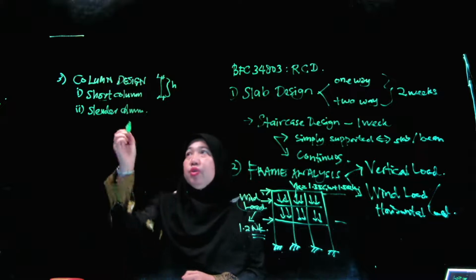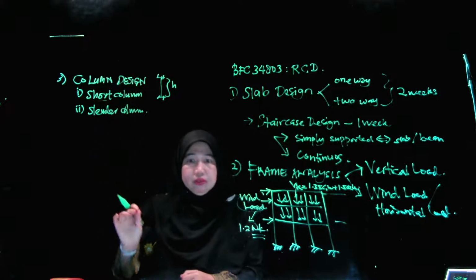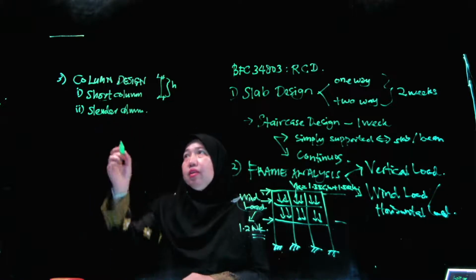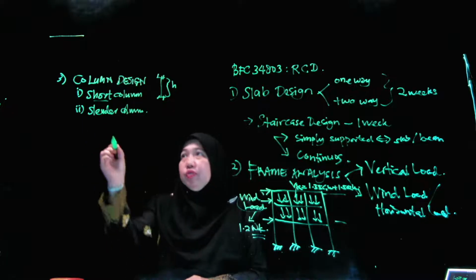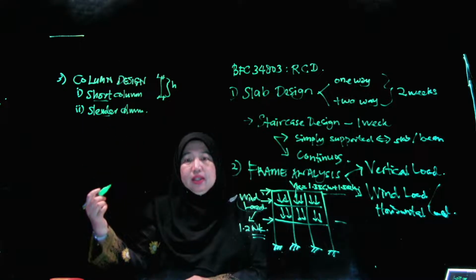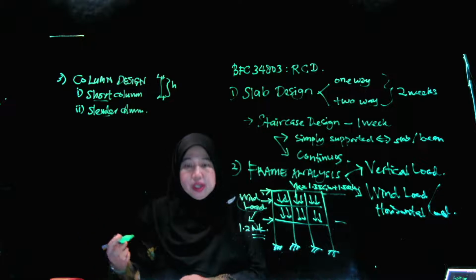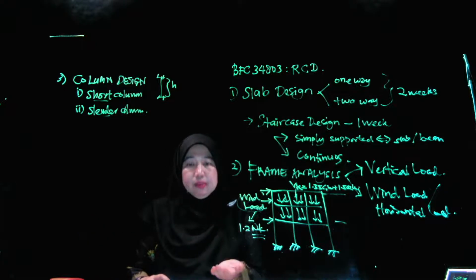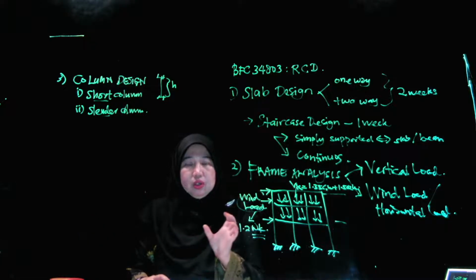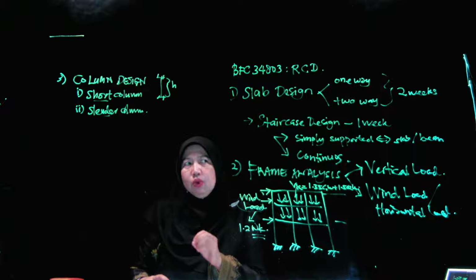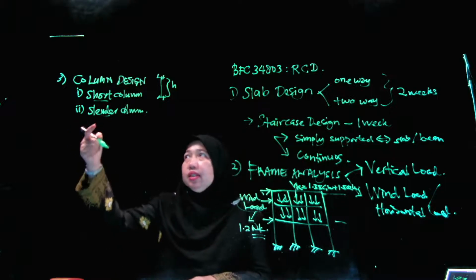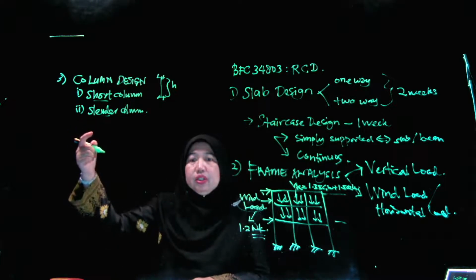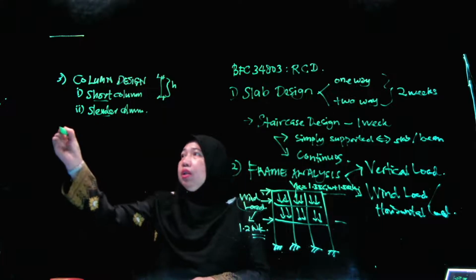However, in this particular class, we only focus on short column. The slender column is just an intro, and I will give an assignment. We have one example in our textbook. So that's the third topic.